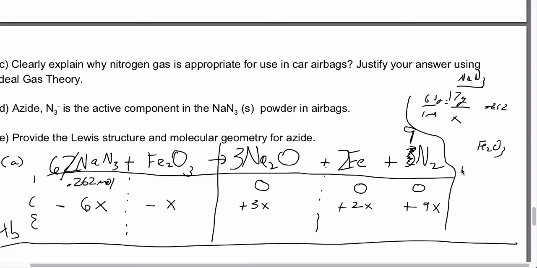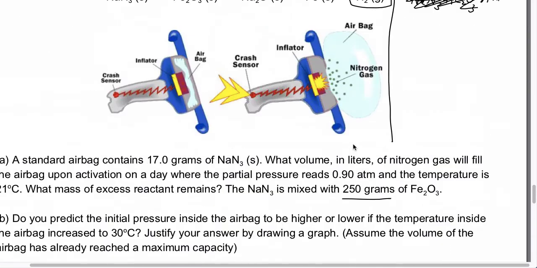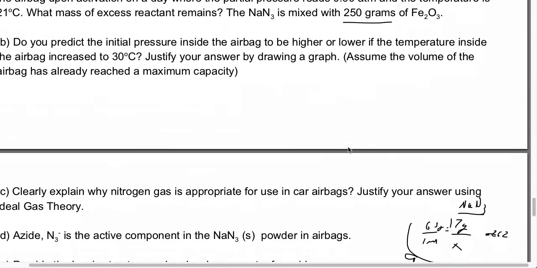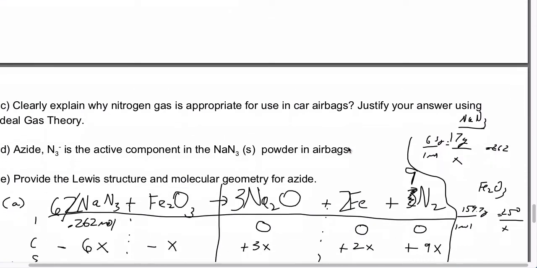Fe2O3, so 159.7 grams in every 1 mole, 250 for every x moles, because they gave us 250 grams initially. So I'm going to take 250 divided by 159.7, 1.57.